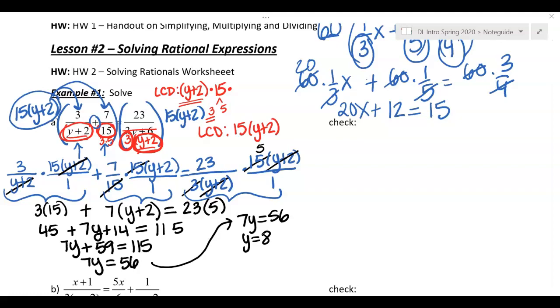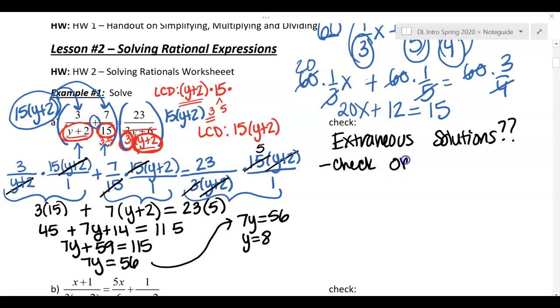Before you put a box around that 8, you need to check for extraneous solutions. So the question is, do we have extraneous solutions? Extraneous solutions are answers that you did nothing wrong on. So all your algebra here could be perfect and right. But if you plug them back into the original equation, so you're checking the original equation, they make something that's undefined.